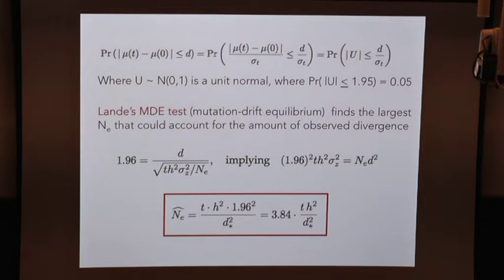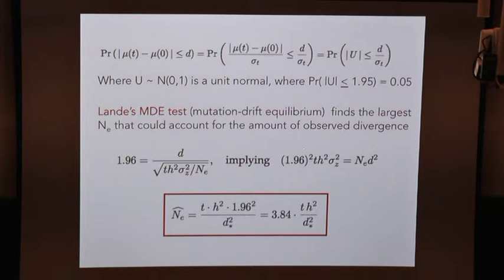Next slide, I'll give an example to make it a little bit more concrete. So basically, this is just rearranging this expression up here. Remember this square root of the variance, that's the expected variance. So time, that's the estimate of the additive variance, so simply heritability divided by NE.